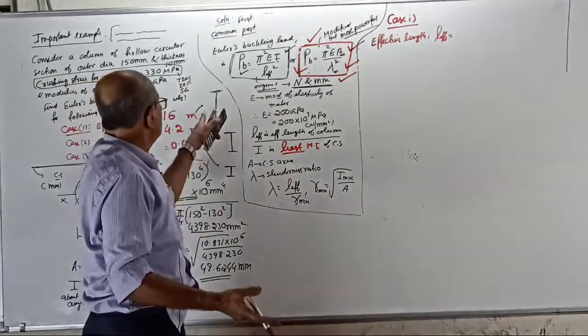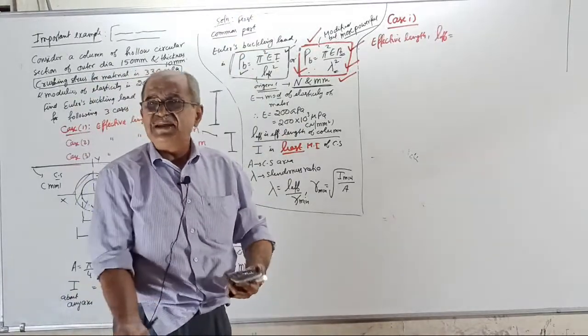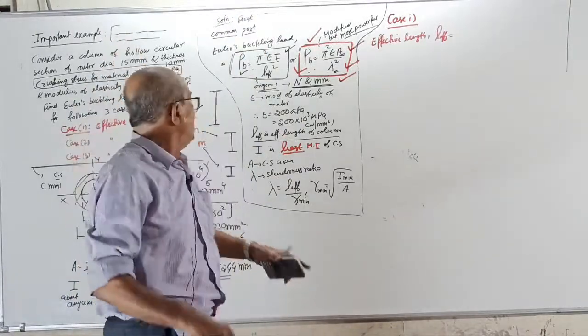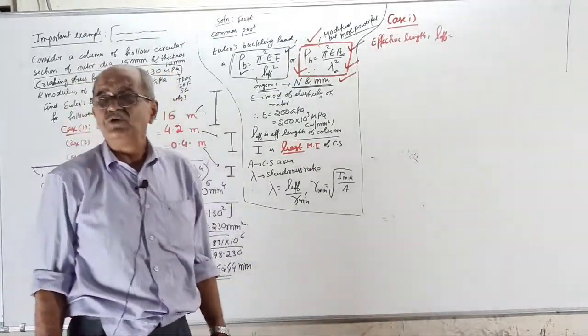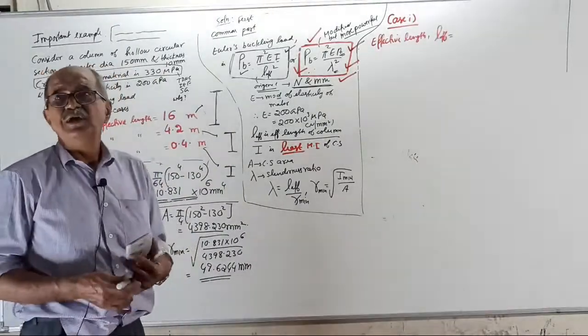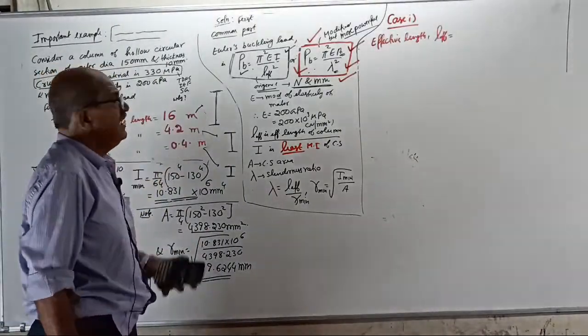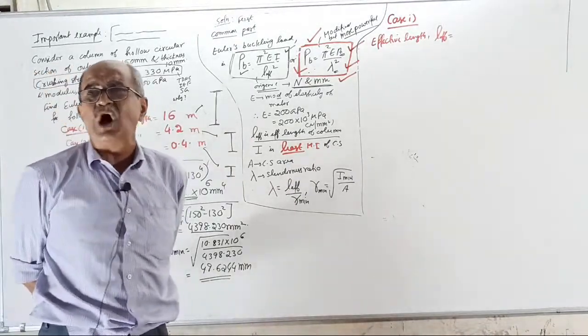First question, 16 meter. Maybe it's fixed at the base and free at the top, length may be 8 meter, effective becomes 2 times L, which is 16 meter. You can make a note. Maybe for this column, imagine for understanding purposes, base fixed, top free.